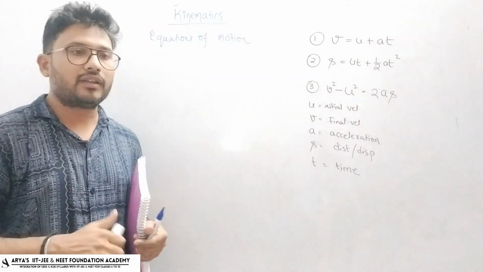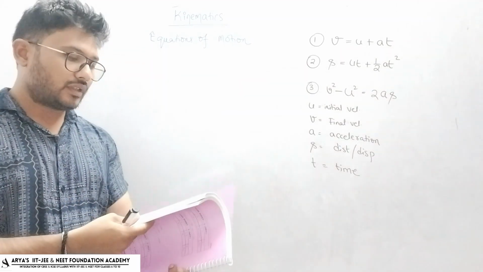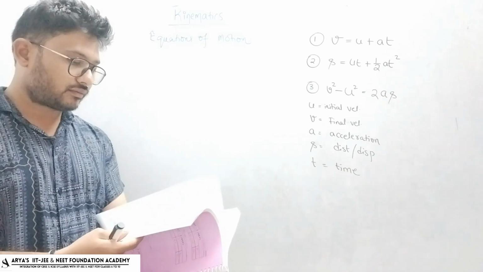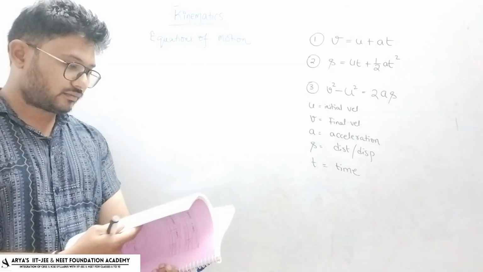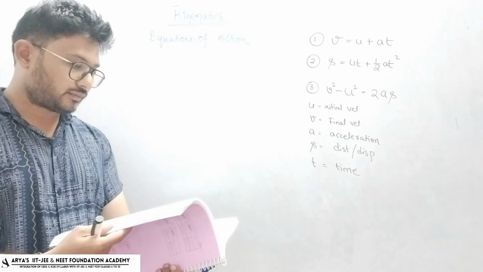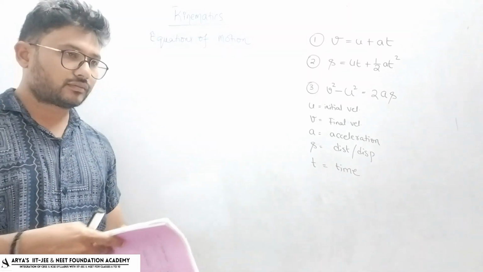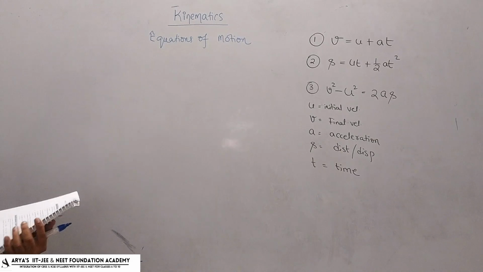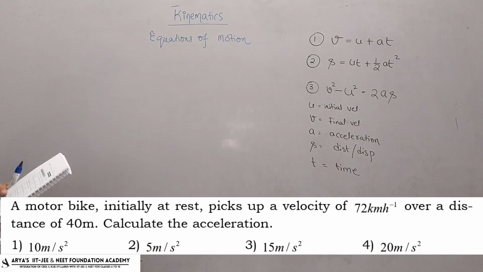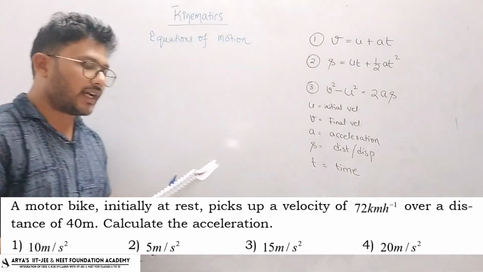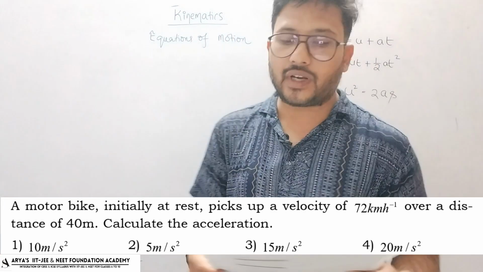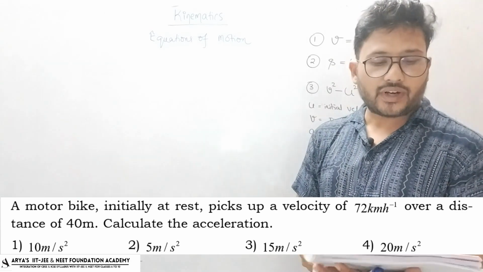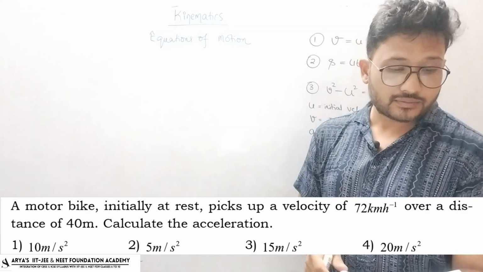Now take worksheet 3. First question. A motorbike initially at rest picks up a velocity of 72 km per hour over a distance of 40 meter.